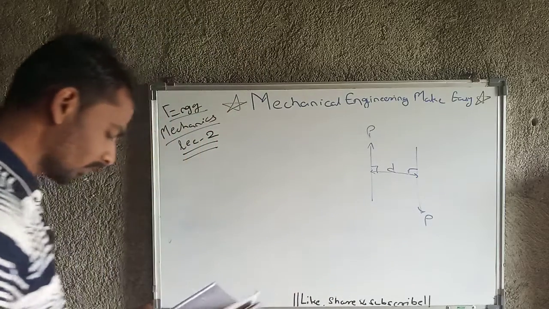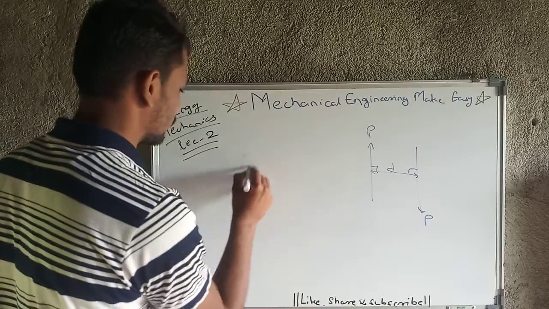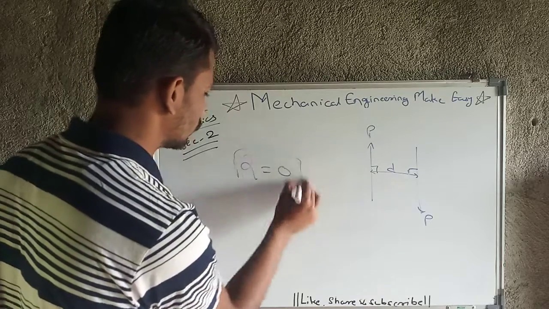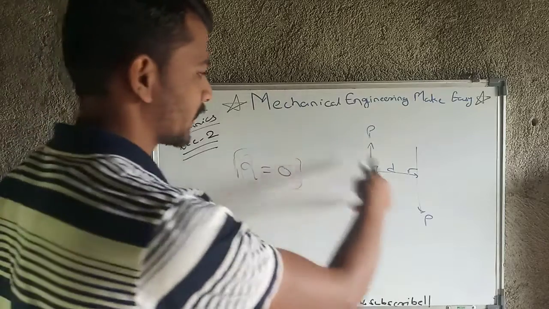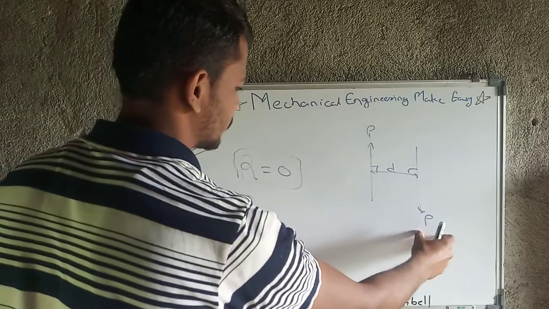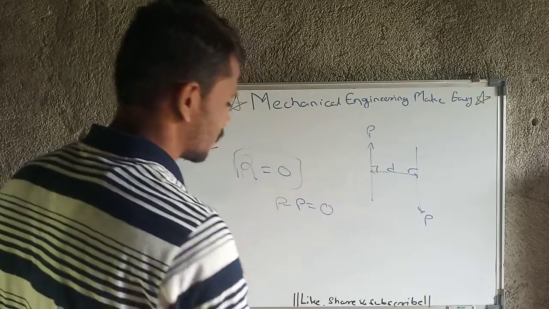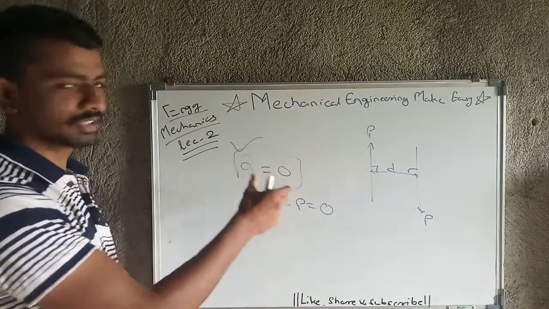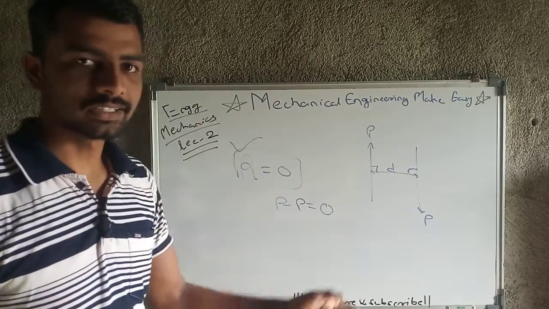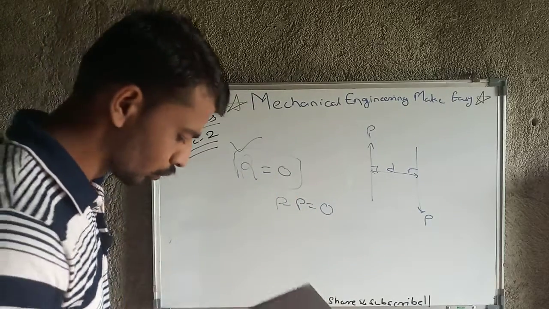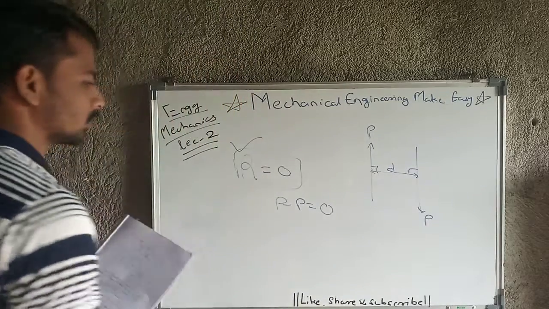And the resultant of a couple is always 0, as the upward forces have the same magnitude as the downward forces, that is P. So P minus P will always become 0. So this is one condition of a couple, that the resultant force equals 0. So this is all about couple.